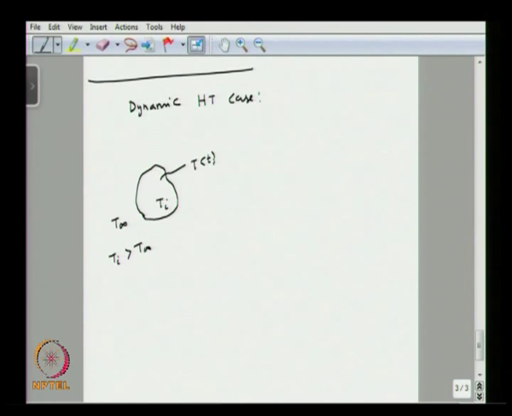So, we can write the energy balance: rho, density of the object, into C, specific heat, into minus dT over dt, because the temperature is going to reduce with time. So, there is a negative sign here, is going to be H A into T minus T infinity.